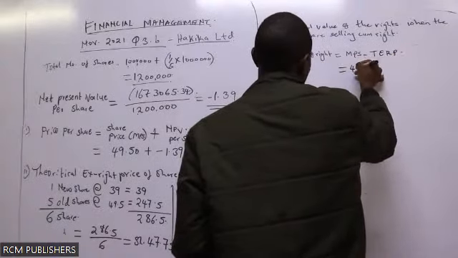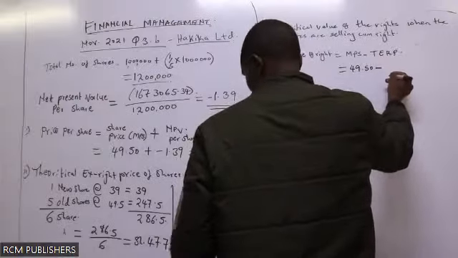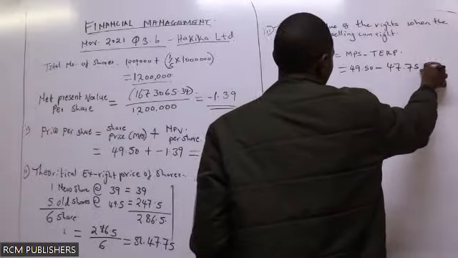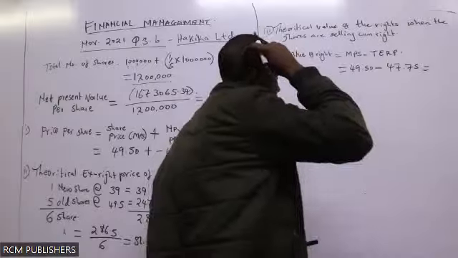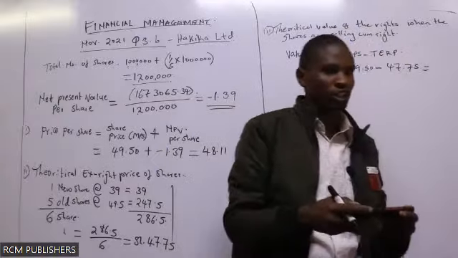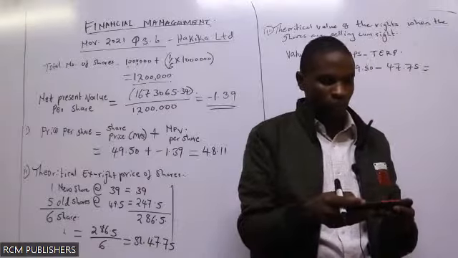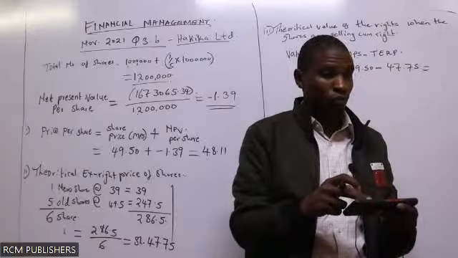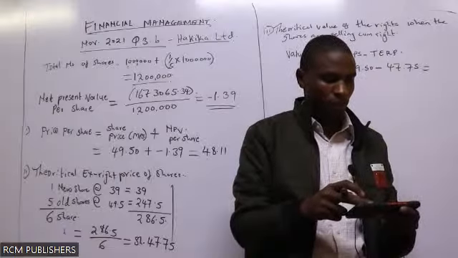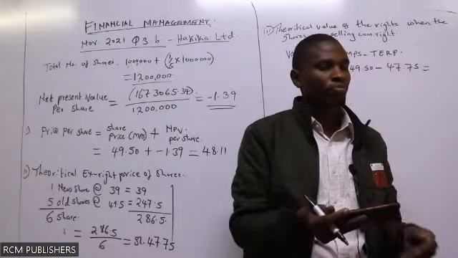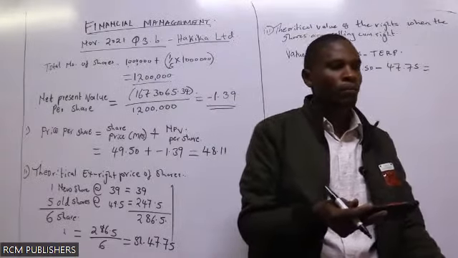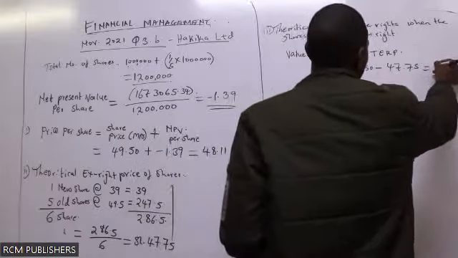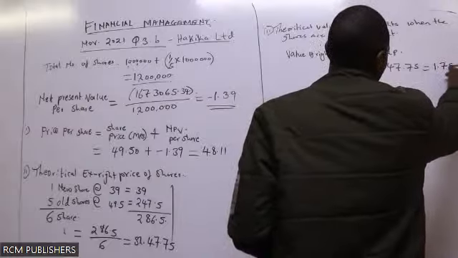So we have 49.5 minus 47.75. How much are you getting? 1.75 shillings.